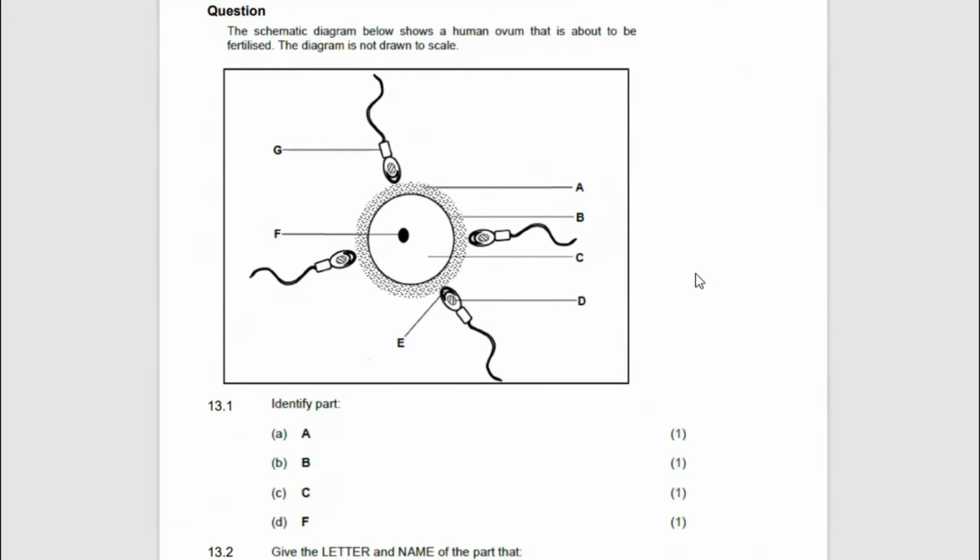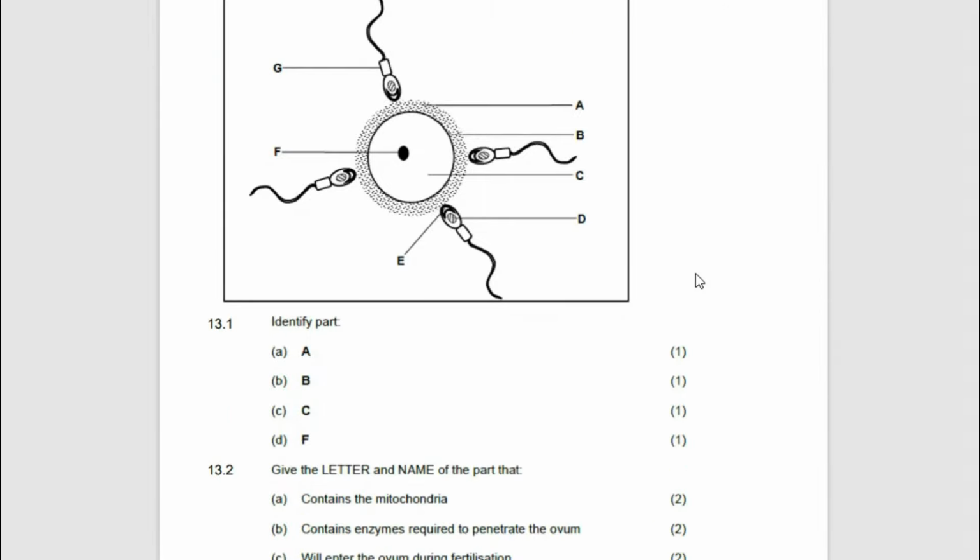The schematic diagram below shows a human ovum that is about to be fertilized. The diagram is not drawn to scale. All right, they're saying, what is part A? We saw that part A is the jelly-like layer. What is part B? Remember, part B comes up to there, that darker layer.